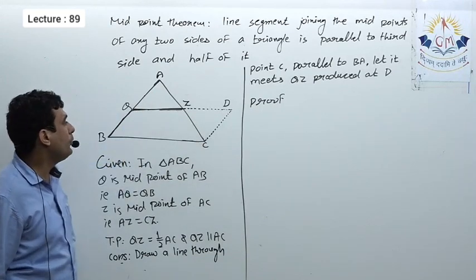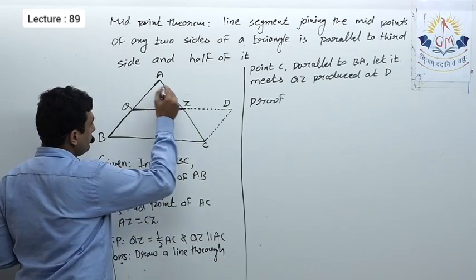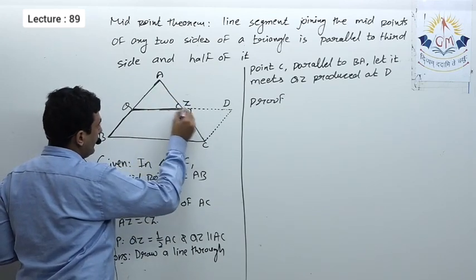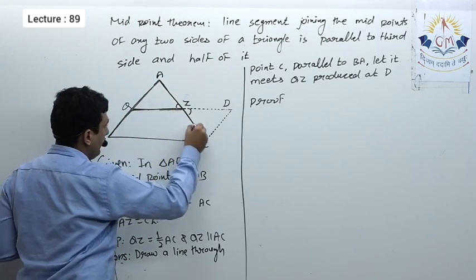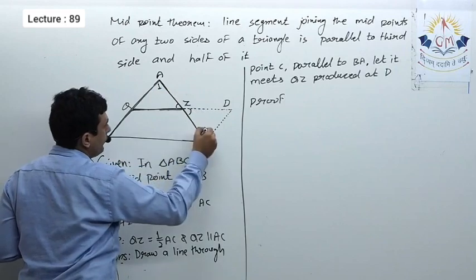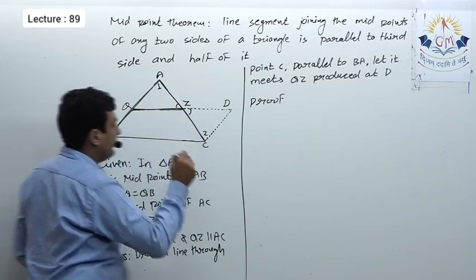For that we have to prove these two triangles congruent. See, these angles I can take as vertically opposite. By construction BA is parallel to CD, so I can say angle 1 equal to angle 2, and it is given Z is the midpoint, so AZ equal to CZ.